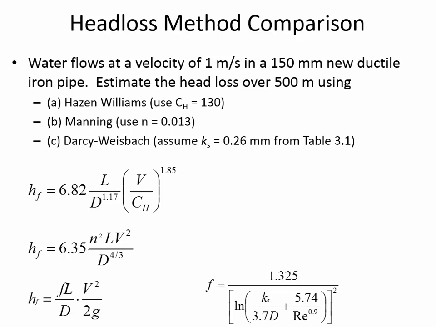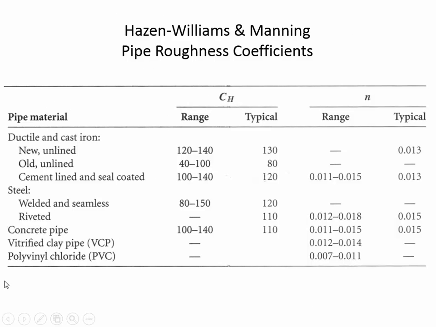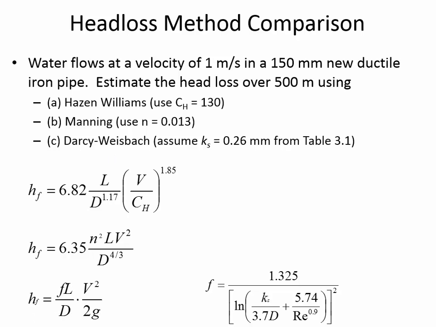So we'll begin with the Hazen Williams. Okay, in the Hazen Williams equation, this particular pipe is ductile iron pipe. For new ductile iron, if we go back to the table, the 130 is a typical C sub H for new unlined ductile iron. So C sub H is 130.